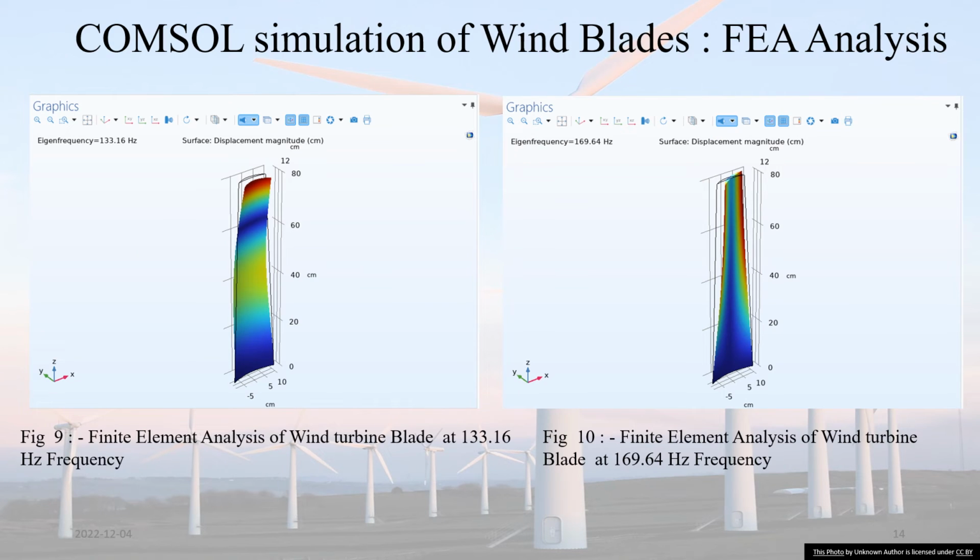Similarly, we have also carried out finite element analysis of the blades at different frequencies. Figure 9 shows FEA at 133.16 Hz frequency, and figure 10 shows 169.64 Hz frequency.